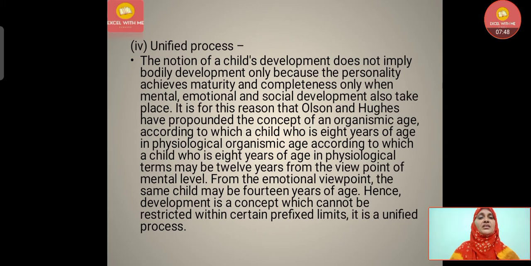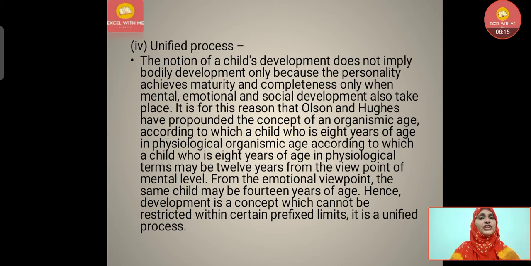It is for this reason that Olson and Hughes have propounded the concept of organismic age, according to which a child who is 8 years of age in physiological terms may be 12 years from the viewpoint of mental level.